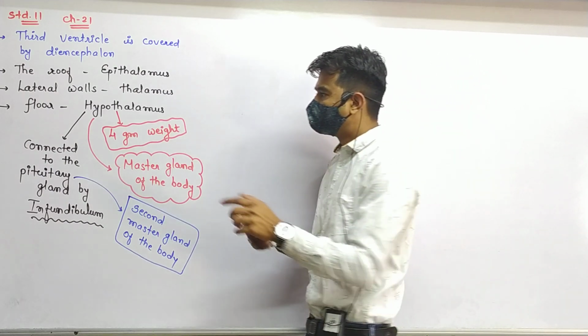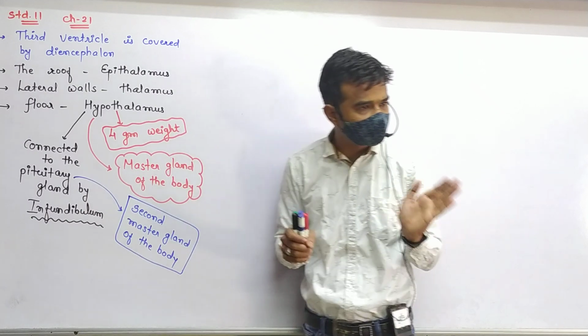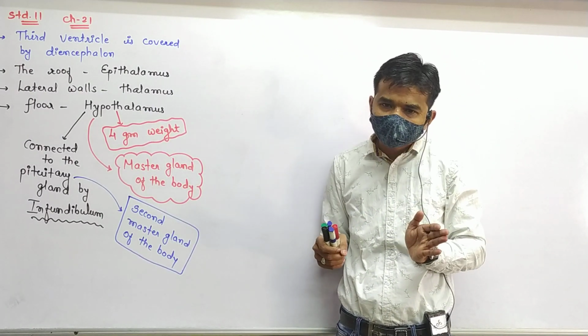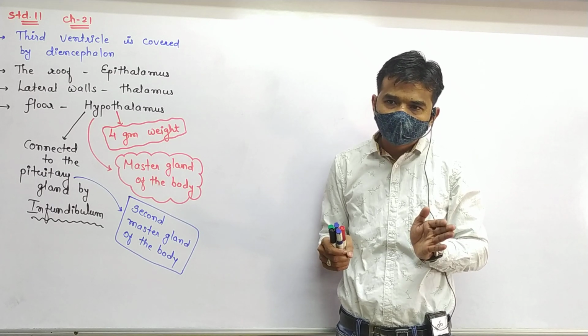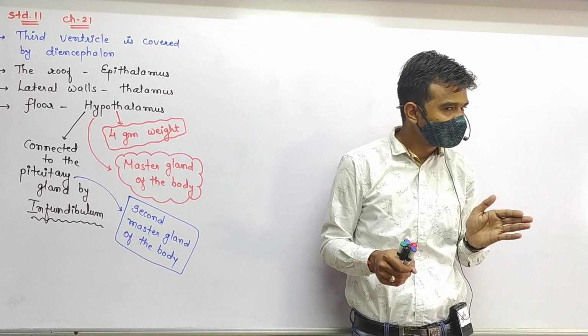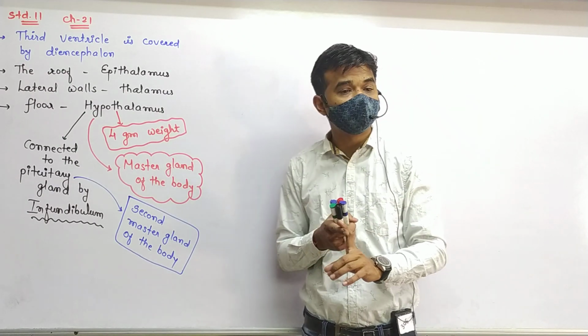Fine. Actually, in 10th standard you learned that all the glands of our body are controlled by the pituitary gland. That's why the pituitary gland is the master gland of the body.